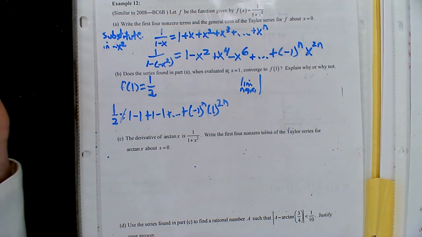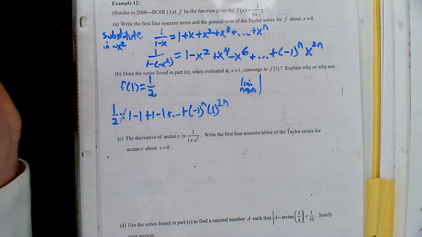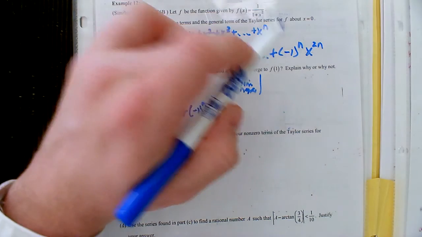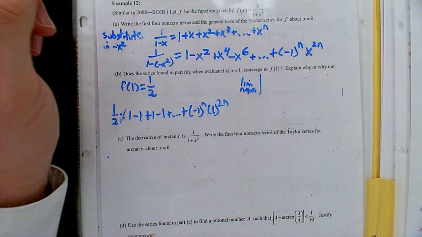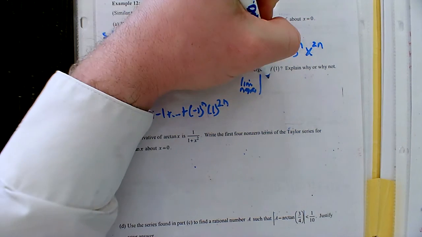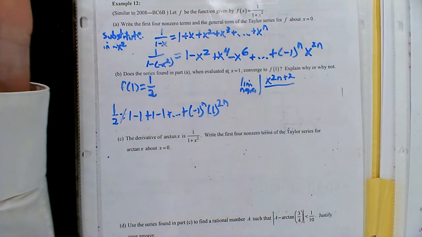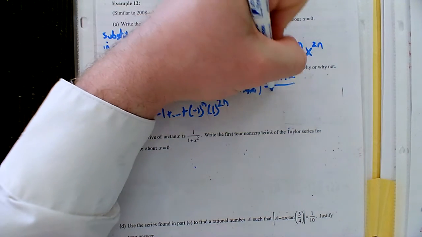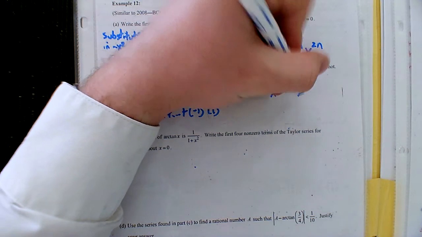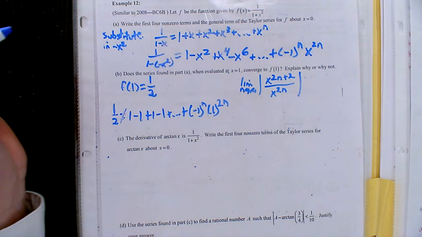Again, the ratio test, you take the absolute value, and you need the nth term, you add 1 to it. So we would have x to the 2n plus 2 over the original, which is just x to the 2n. Again, you don't need the alternator because it's absolute value.